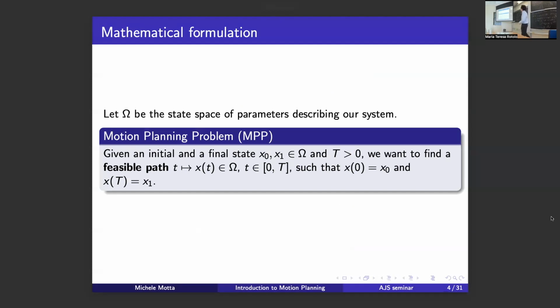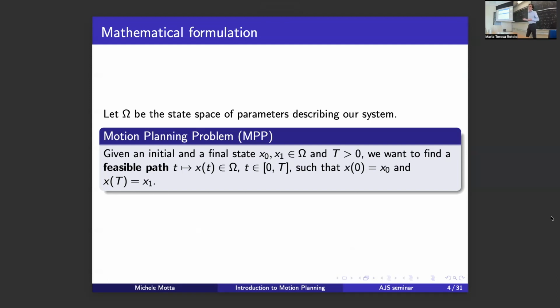From a mathematical point of view, this problem can be formalized as follows. We have to find an appropriate set omega, which is the set of parameters that describes the state of our system.